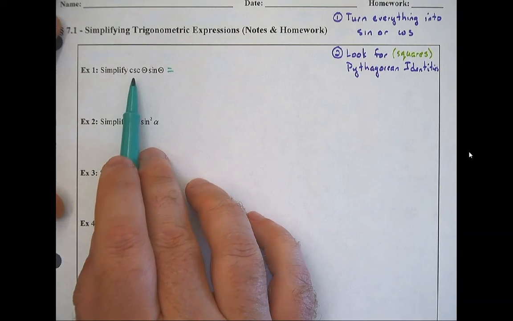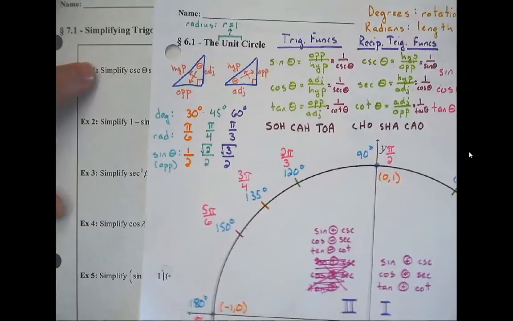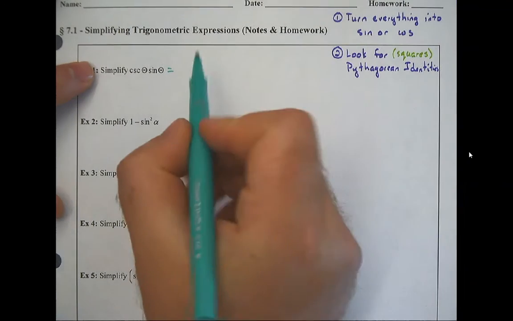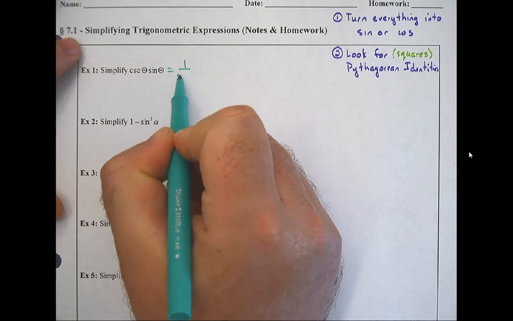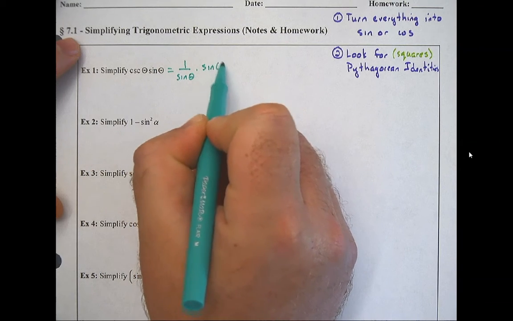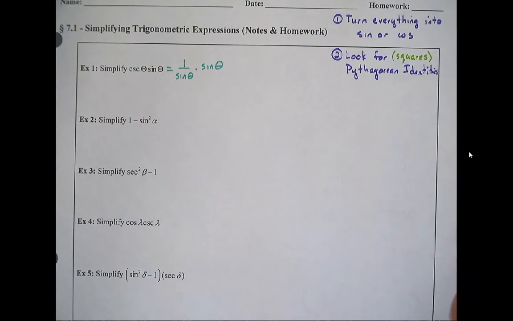So cosecant is not a sine thing. I'm going to look up my identities. Cosecant is the same as 1 over sine. So I'm going to turn cosecant into 1 over sine. Times sine is a sine thing, so I'm going to leave that the same.